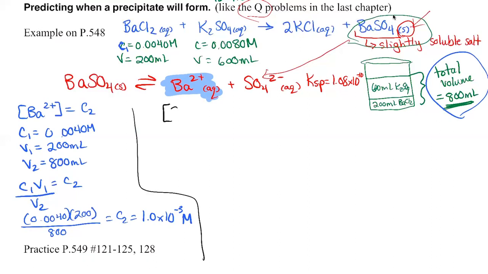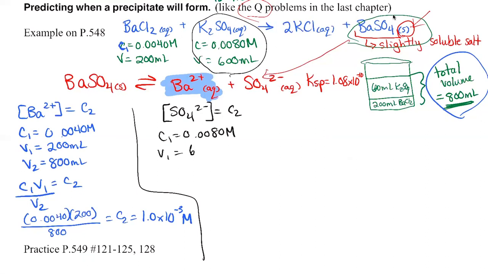We're going to calculate the concentration of the sulfate ions next. Again, this is going to be equal to C2, and this time we're going to use the data from our potassium sulfate. So C1 is 0.0080 moles per liter. V1 is equal to 600 milliliters of that solution. V2, our total final volume, is 800 milliliters.